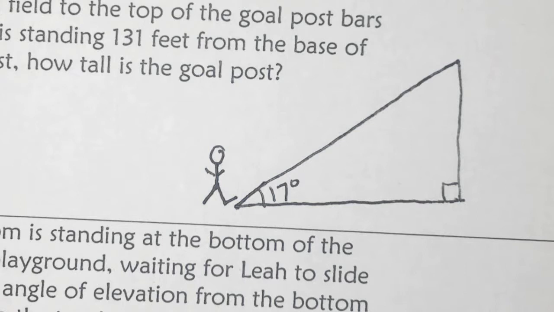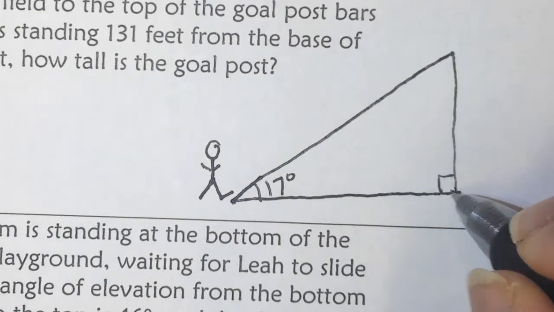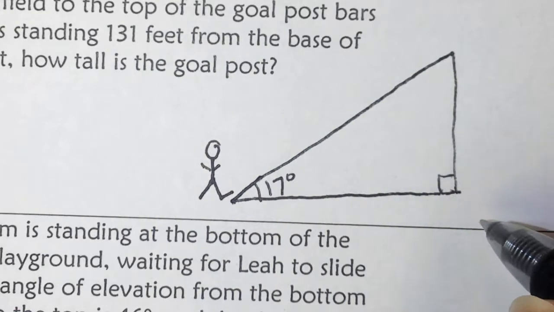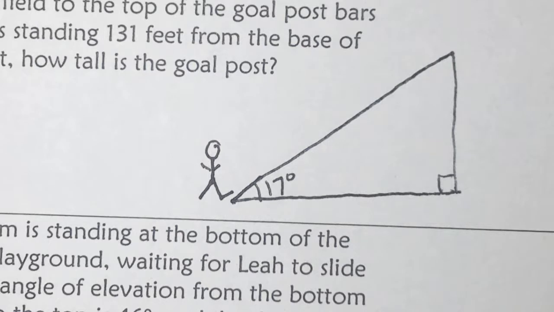The right side of the bottom, next to the 90 degrees. It's on the short leg.